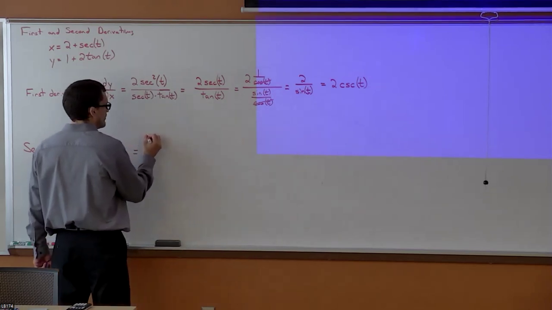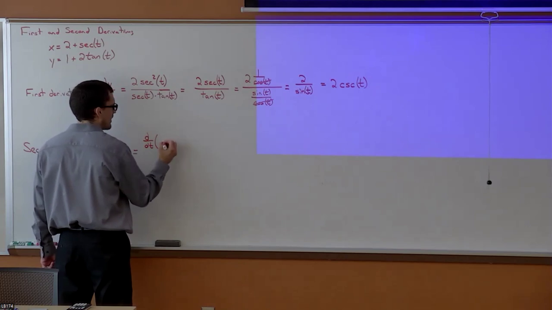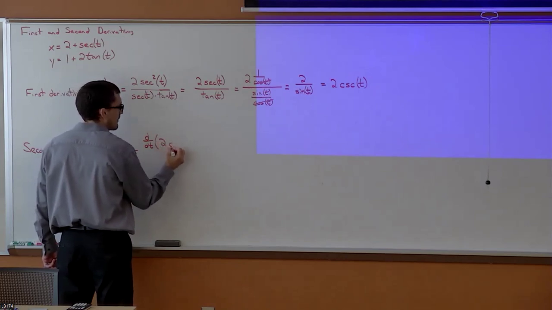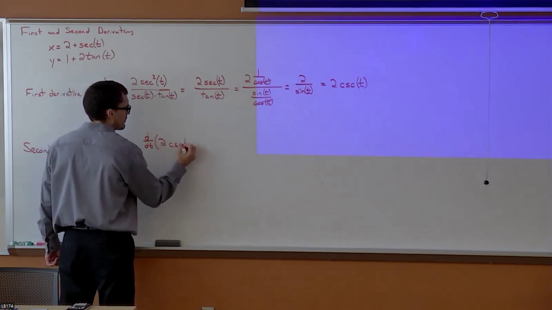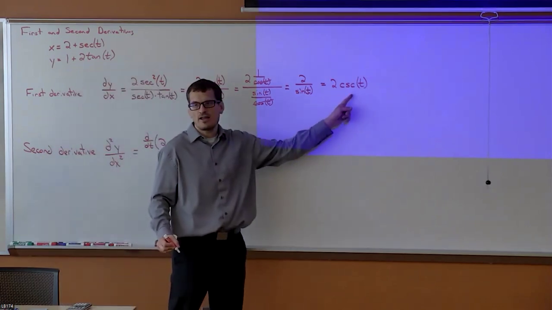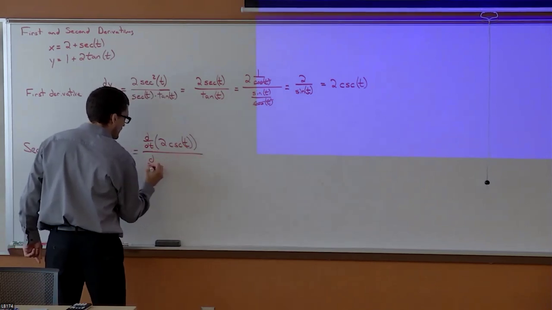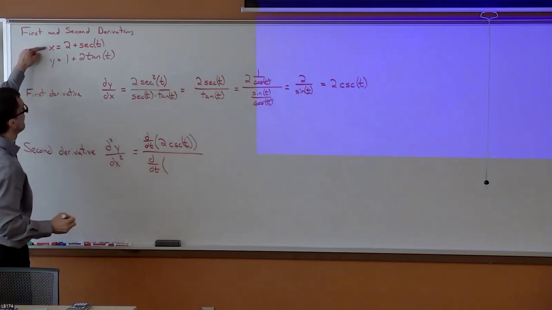Now for the second derivative, we're going to take a derivative with respect to t of 2 times cosecant. Again, this becomes like our new y. And the denominator is just the same old x.